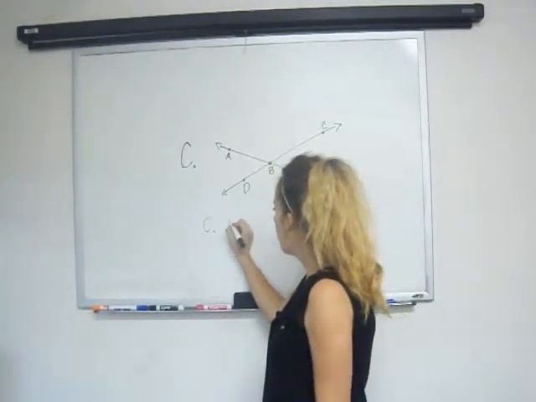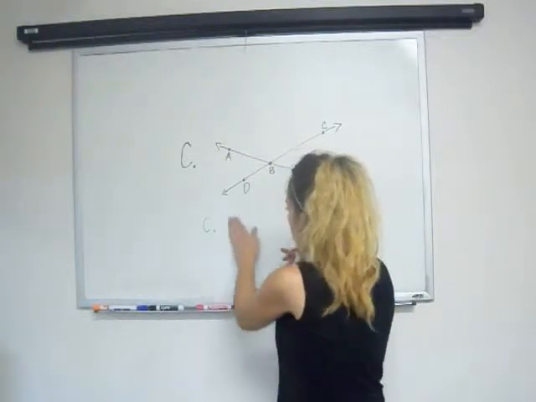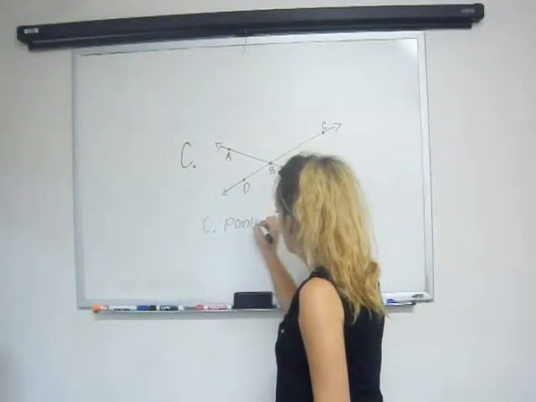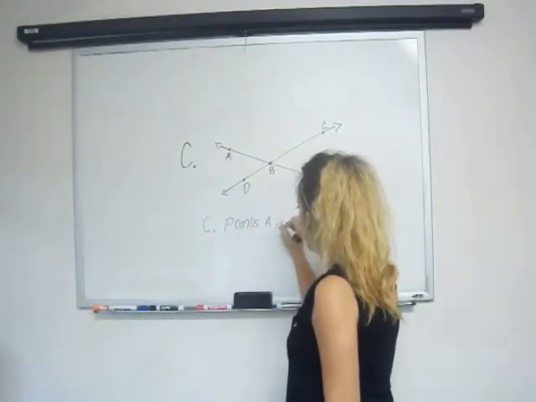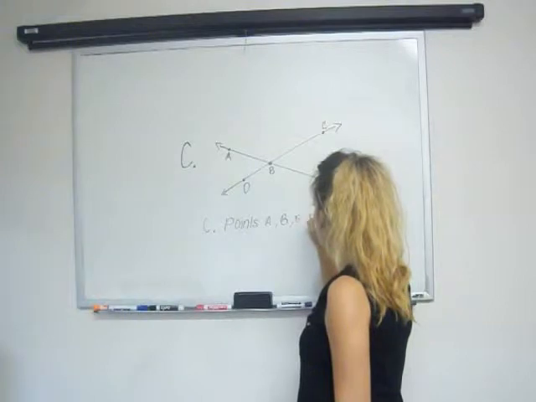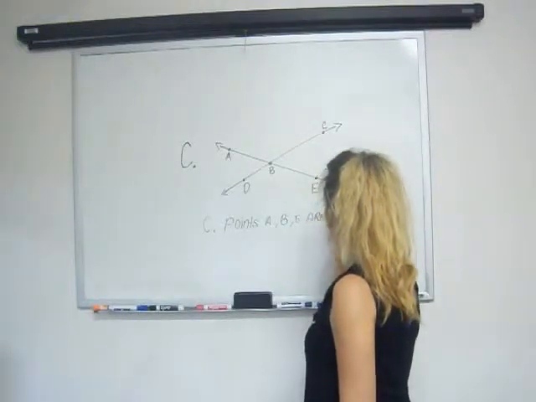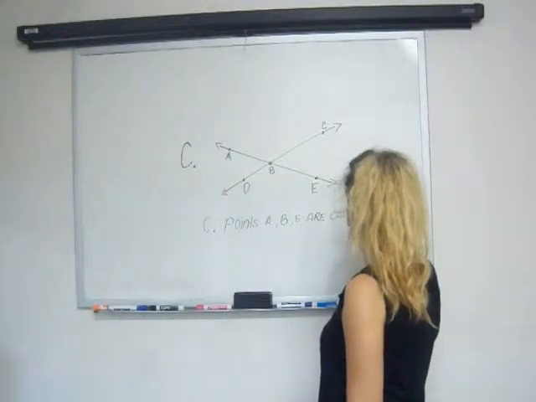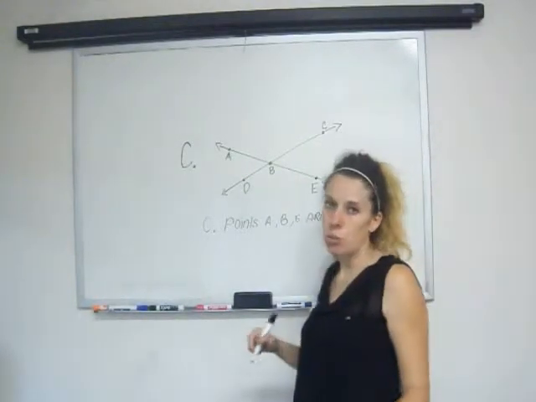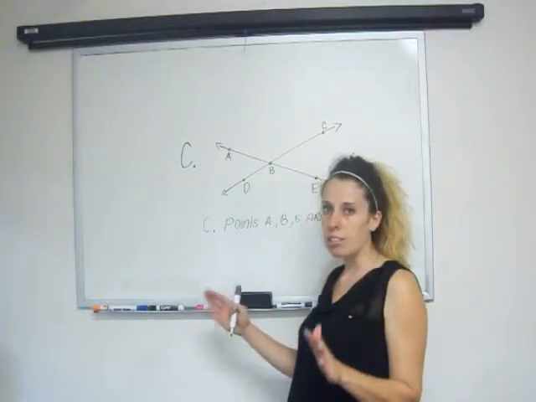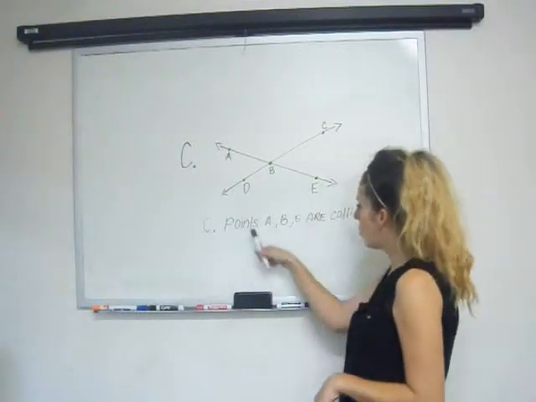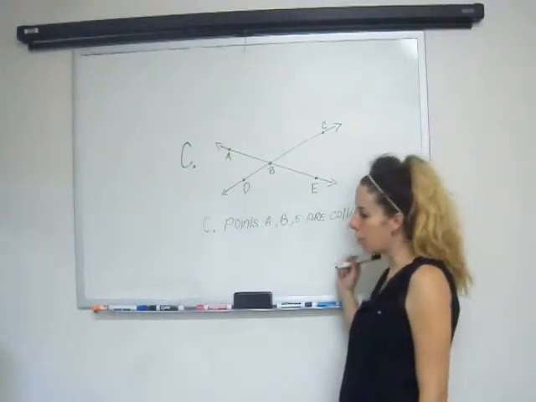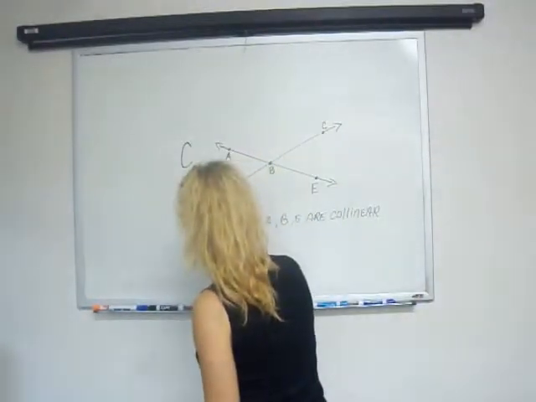So I'll write points A, B, and E are collinear. And just remember that collinear means points that are on the same line, okay? So points A, B, and E are all collinear. So that's for C. We'll also do D right now.